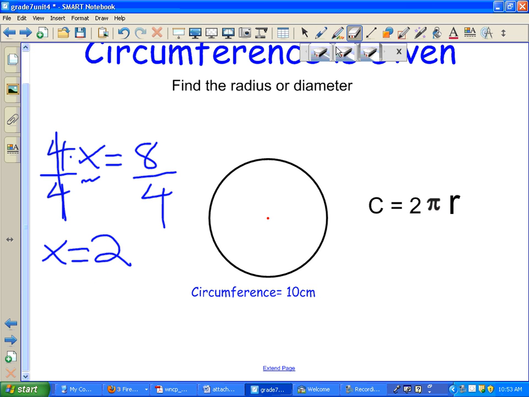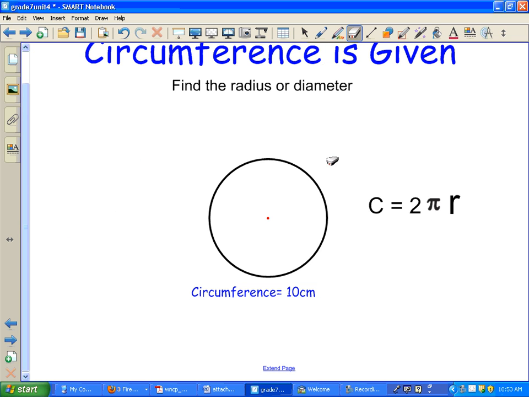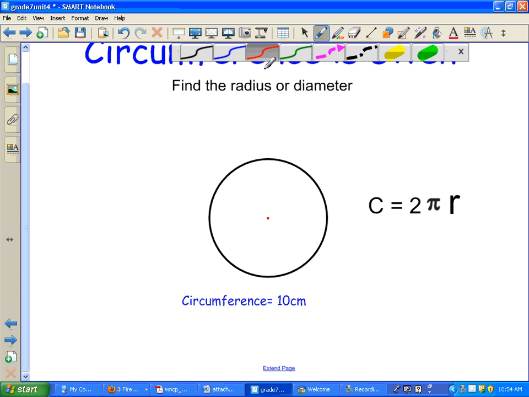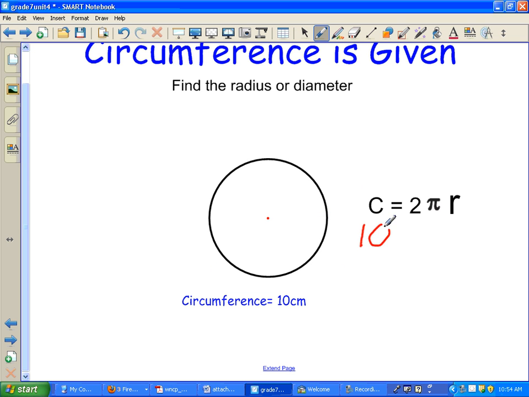Well, it's going to be very similar when you work on this one, when you want to get r all by itself. So here you're given the circumference. Let's take our circumference, which is 10, and put it in right there for C. So 10 is the circumference.